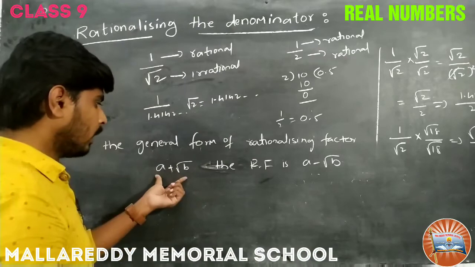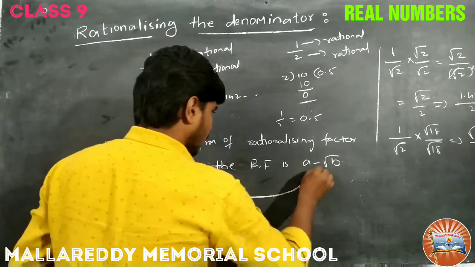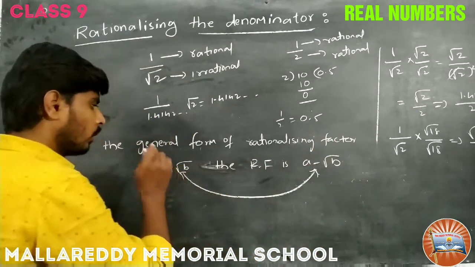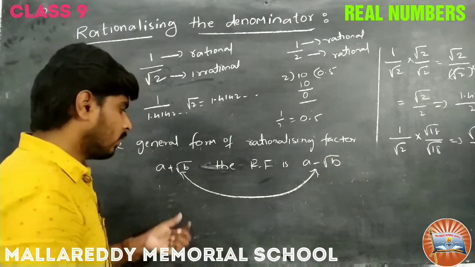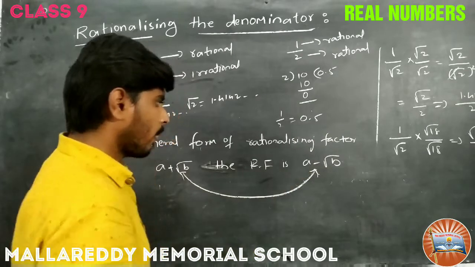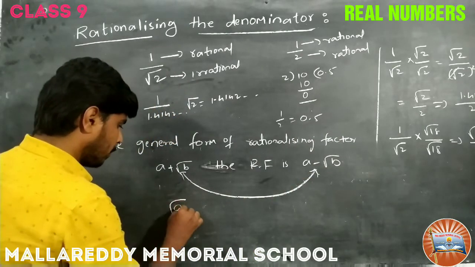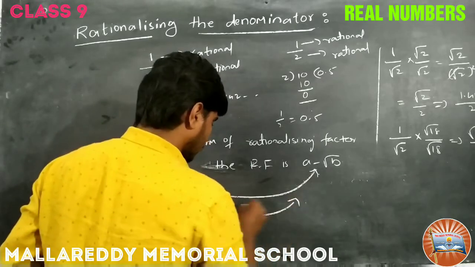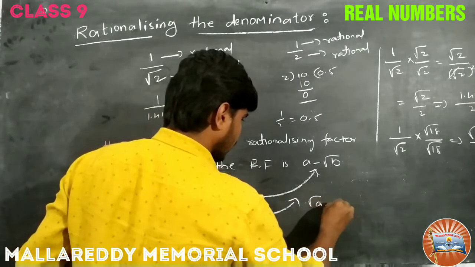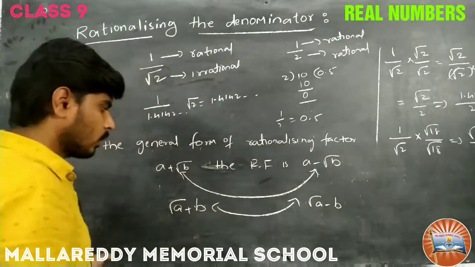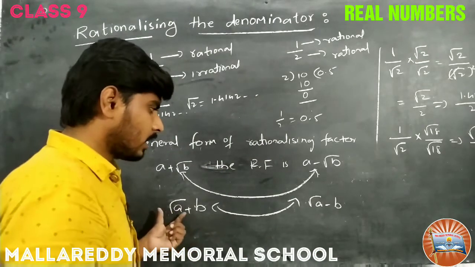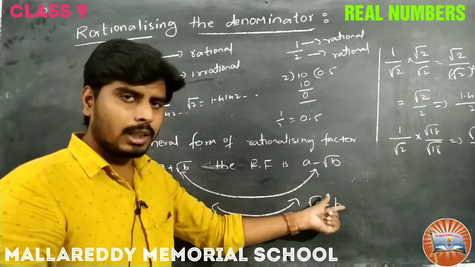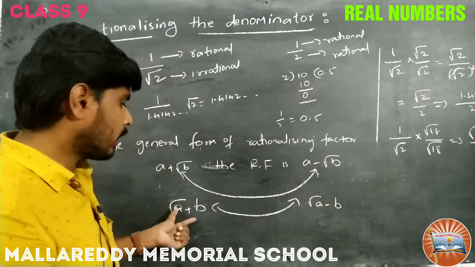So a plus root b is a rationalization factor to a minus root b, and a minus root b is also a rationalization factor to a plus root b. Generally we can take like this. For example, root a plus root b, and root a minus root b. So root a plus root b is a rationalization factor to root a minus root b, and root a minus root b is a rationalization factor to root a plus root b.